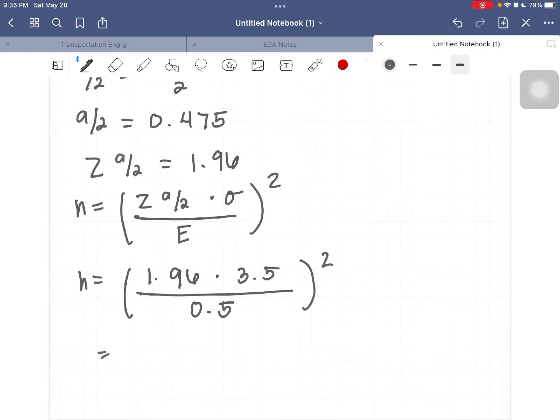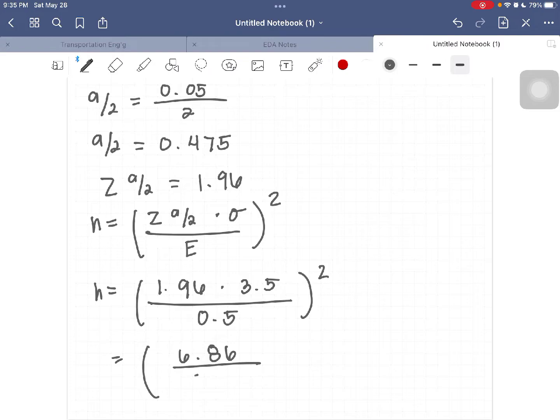So, kapag pinag-times natin itong 1.96 times 3.5, ang kalalabasan niya ay 6.86 over 0.5, which is our margin of error, and raise it mo sa 2. So, ngayon, ang susunod natin gagawin, i-divide natin itong 6.86 sa 0.5.